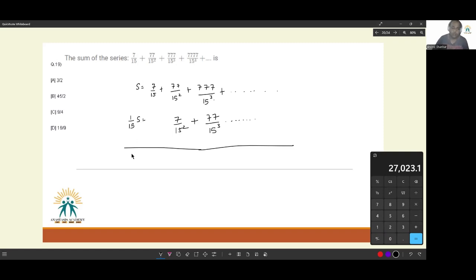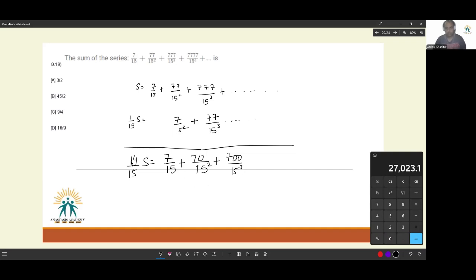Here I will get 14 by 15 S is equal to 7 by 15 plus 70 by 15 square plus 700 by 15 cube.